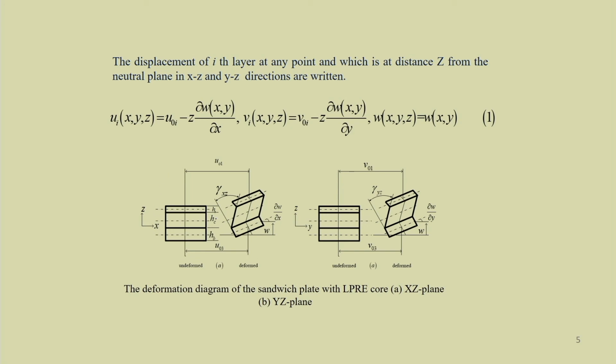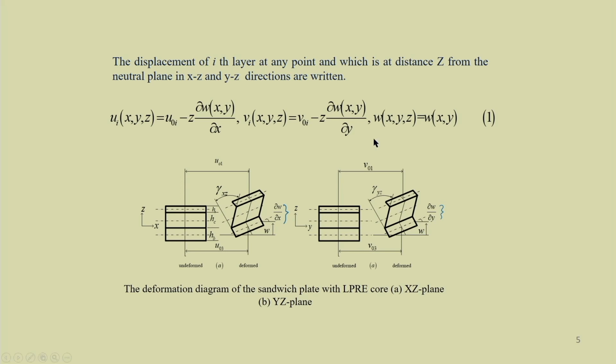If you take a layer at a distance z from the neutral axis, then the axial deformation can be obtained by this equation, that is u 0 i minus z into del w by del x. Similarly, v i you can write equal to v 0 i minus z into del w by del y. Here w is the displacement in the transverse direction.